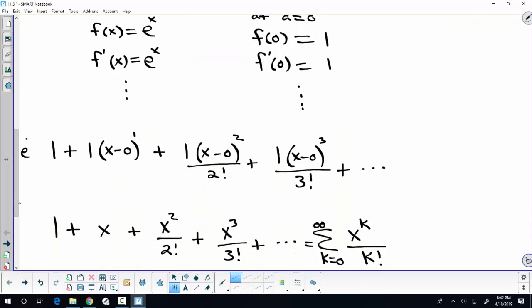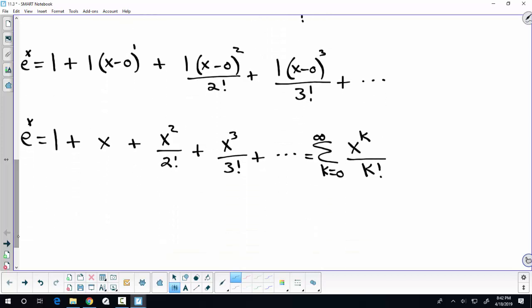So really what we're looking at is, is this really e to the x? I guess at this point what we're saying is we constructed that Taylor polynomial. Is that e to the x? Well, we have a series, a power series, x to the k over k factorial. Now we can test for the interval of convergence.